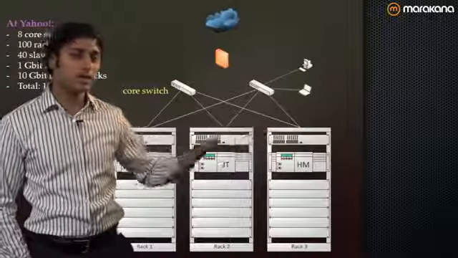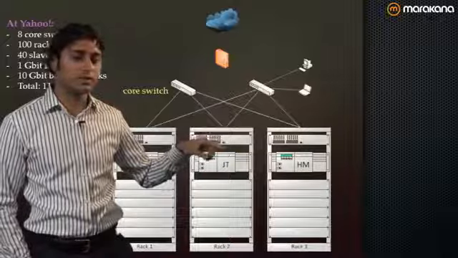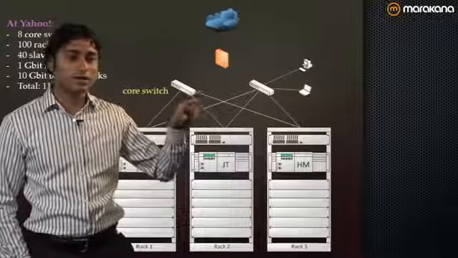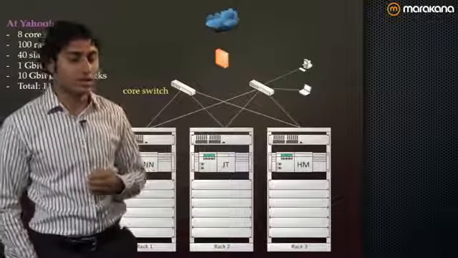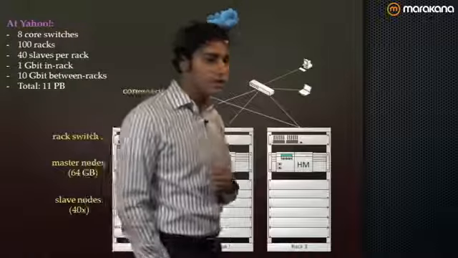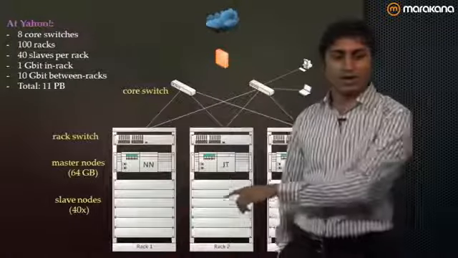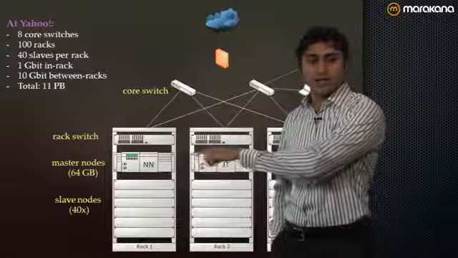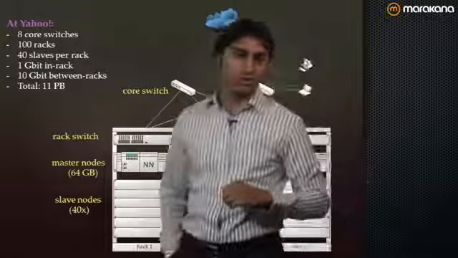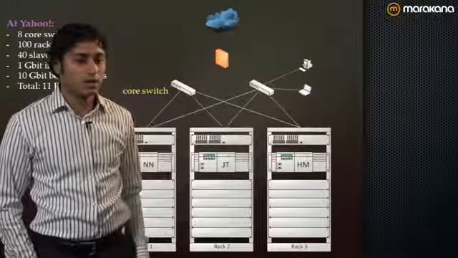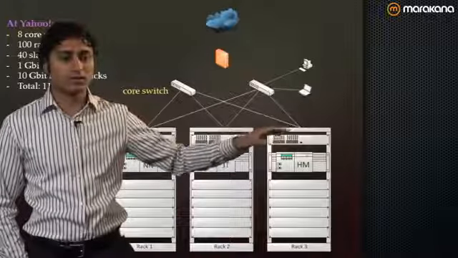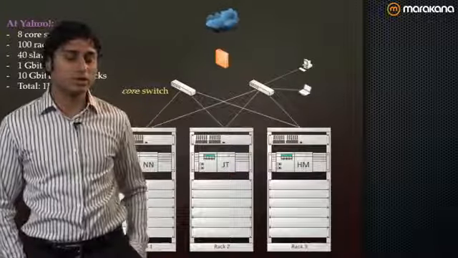This should be a dedicated network, though, at the top of the rack switch layer and at the core switch, dedicated for HDFS and MapReduce. You'll see that some of these racks also have master nodes like the name node or the job tracker or the HBase master. But if you have 100 racks, a lot of the racks will have no master machines on them.